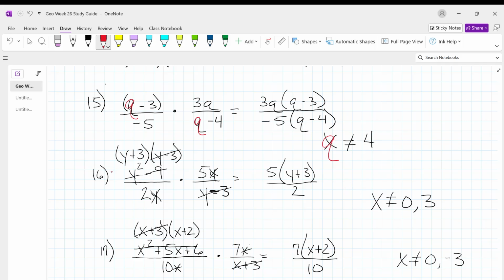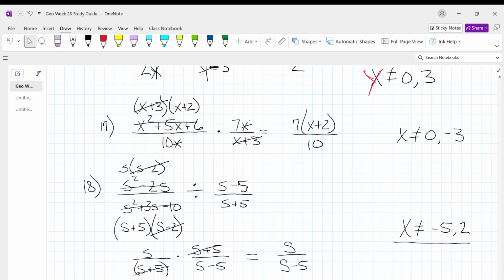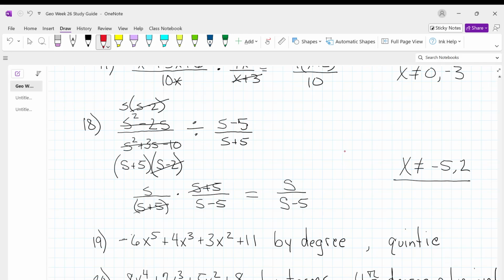And in problem 16, y was the variable, so y could not be equal to these exclusions. Number 17 is okay. All right, number 18 again, this should be s cannot be equal to negative 5 and 2.